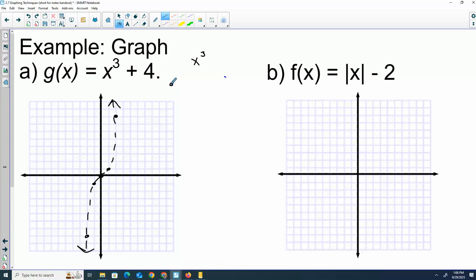What will a plus 4 on the end do? Outside is y. Y does what it says. So what will happen? Up 4. So it's taking each point I just plotted and moving them up 4. If you like writing out your ordered pairs, it's just taking each of your y values and adding 4 to them.